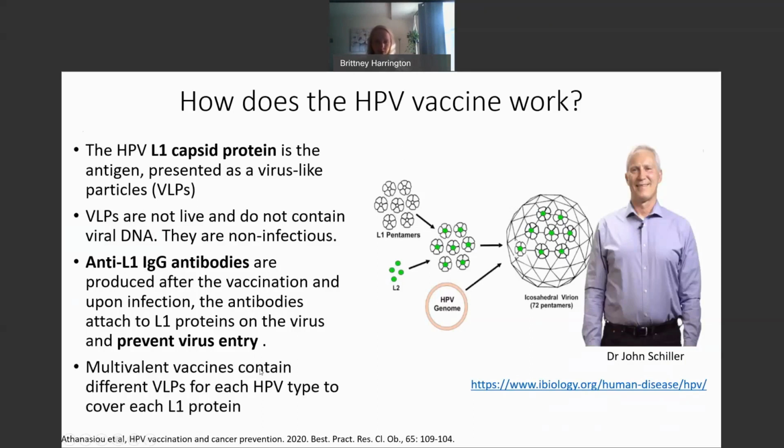So the Gardasil 9 and multivalent vaccines for HPV contain different virus-like particles, VLPs, for each HPV type, so that any differences between HPV 16 and HPV 17 will be covered by the vaccine because they contain the different L1 pentamer proteins.